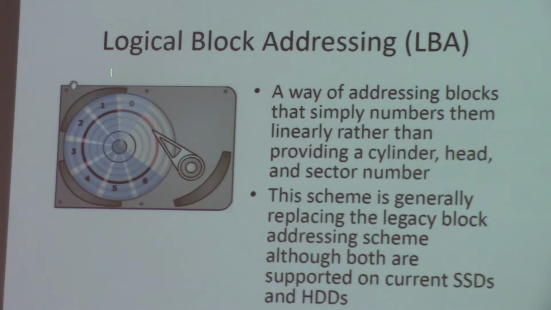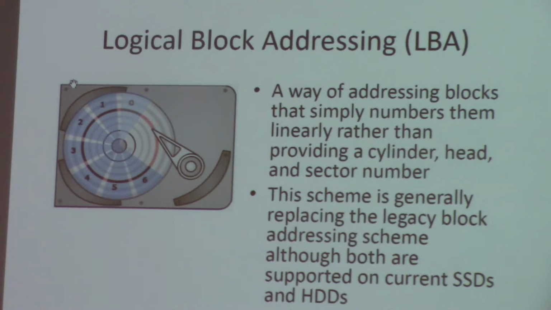Finally, by rotating and moving, it accesses the data and returns it. It keeps the data in the disk controller, then the disk controller also interrupts the operating system and sends the data to memory. Then finally the CPU reads the data. That's what we will discuss later in more detail. So this is the LBA.